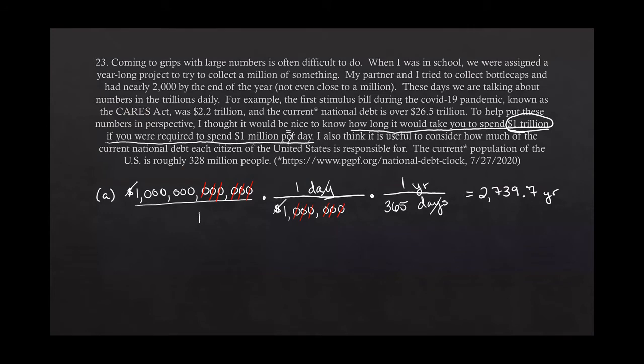So what this is saying is if you had $1 trillion and you were asked to spend $1 million every day, it would still take you 2,700 and almost 40 years to spend all that money. And this is why some people are just so incredibly rich. Yeah, it's just unfathomably rich, right?